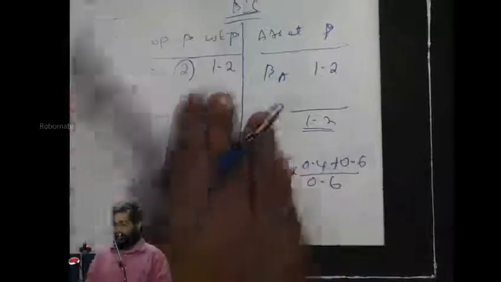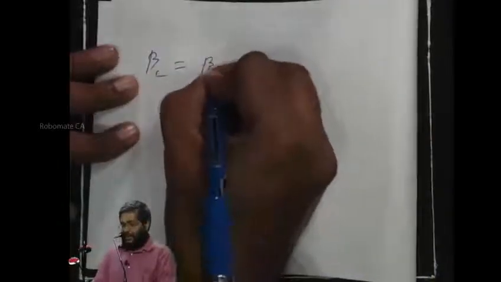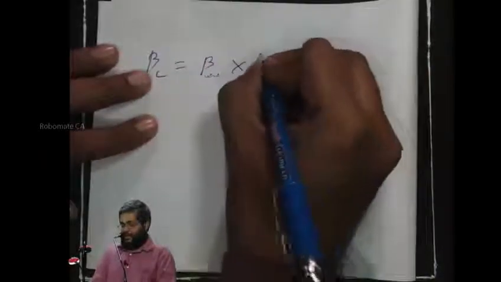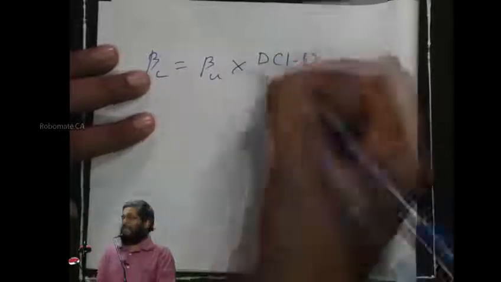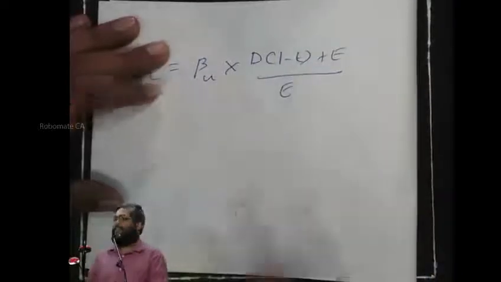Now, next. When you have taxation, what happens? Very simple. The formula is beta levered is equal to unlevered beta into D into 1 minus T, that is the after tax value of debt, plus equity, divided by equity. Everybody following?